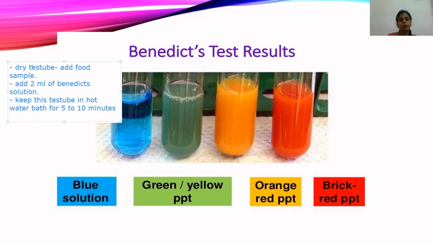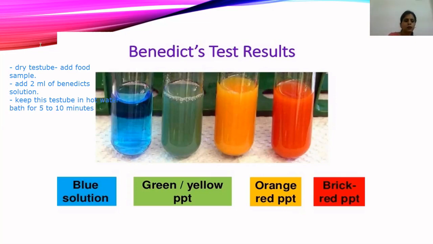So remember, in Benedict test, you have to take a dry test tube, add 1 ml of food sample in it. In the same food sample, add 2 ml of Benedict solution, and then keep this test tube in a hot water bath for 5 to 10 minutes. After that, you can check the results.